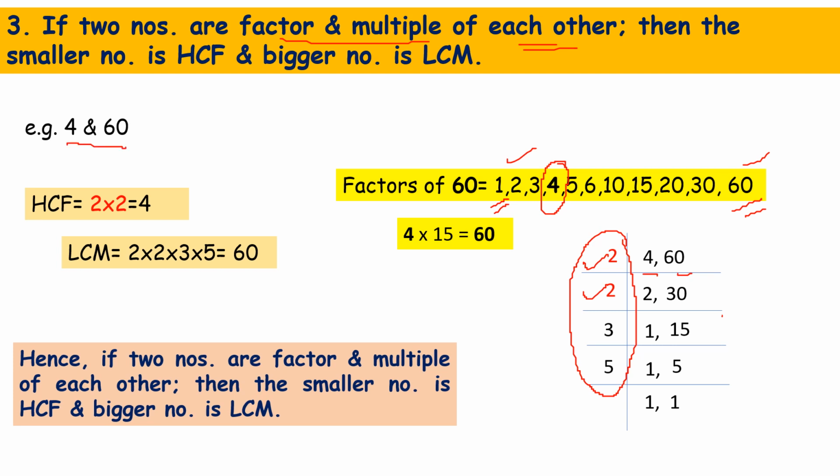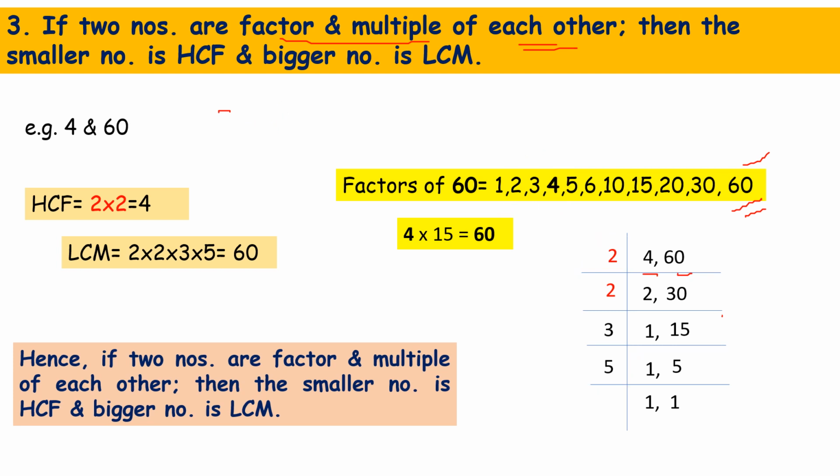Now here 4 and 60 are factors and multiples. Now here 60, 4 times 15 is 60, and one of the factors is 4, or 15 also we can say, right? So they are factor and multiple of each other. Hence always the smaller number will be the HCF and the bigger number will be the LCM. This is possible only when they are factor and multiple of each other.